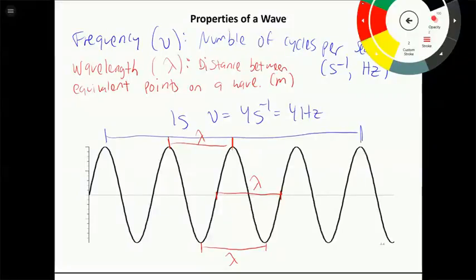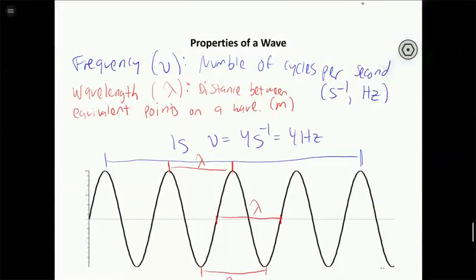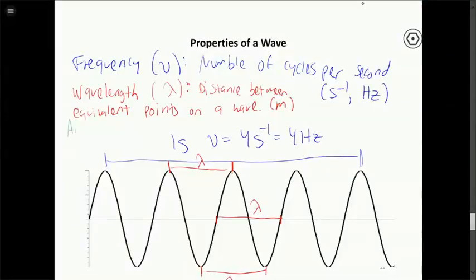And then the last one, which is not terribly important for us, but we should be familiar with it, at least in terms of the conventional definition of waves, is amplitude. So this is the height of a wave crest, which is related to the intensity of the wave.